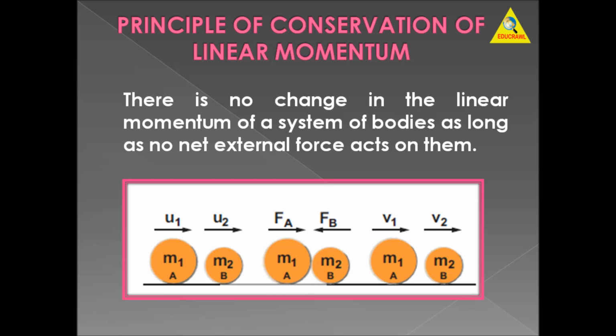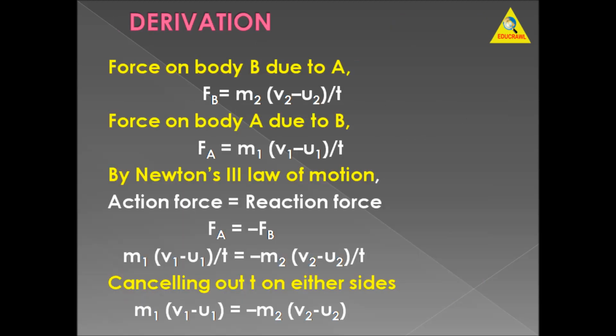Now let us see the derivation part. Force on body B due to A is given by Fb is equal to m2 into (v2 minus u2) by t. This expression for force we have taken from Newton's second law. You remember Newton's second law? According to that law, the force is directly proportional to the rate of change of momentum. From there, we have taken the expression for force.